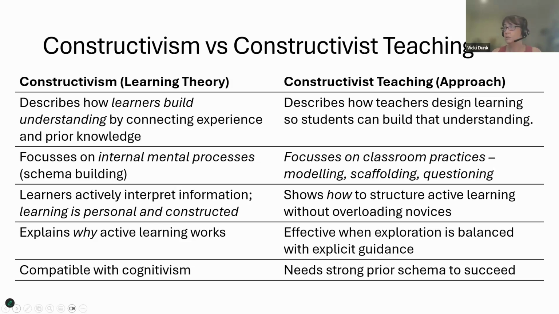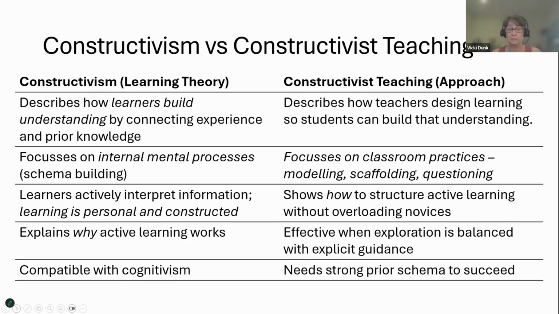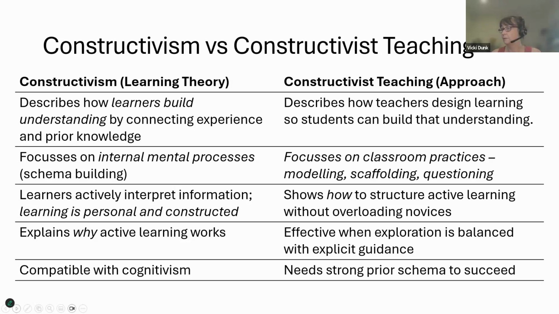You need to model it, scaffold it, ask leading questions, and sometimes you even need to make the connection for them. Sometimes they can't do it. But when you do explicit guidance, then this sort of discovery thing is good. It's really good. But you just need to have schema in order to succeed.